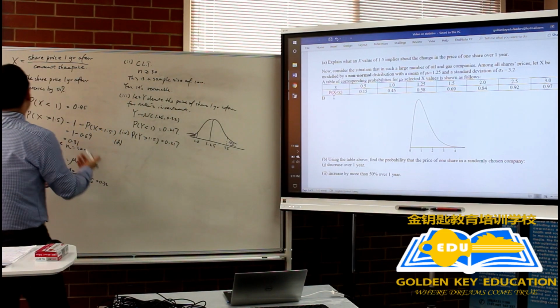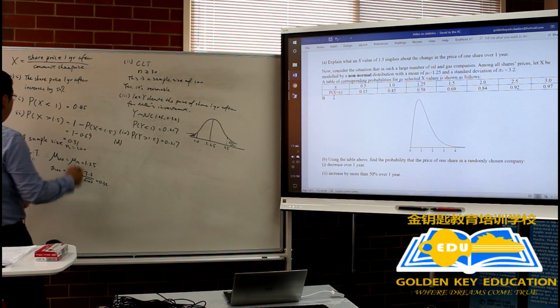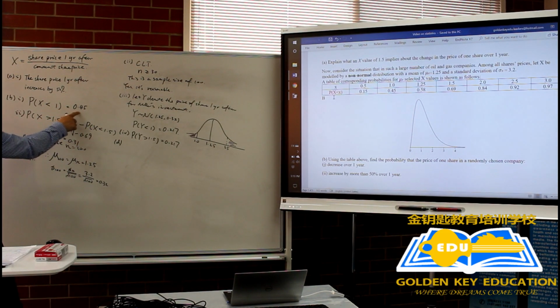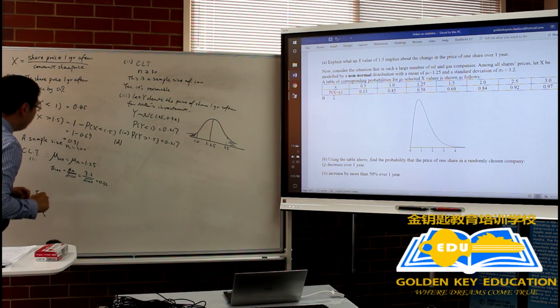We have already found previously that the chance for Hannah to lose money is 0.45, and to win more than 50% of the original money is 0.31.